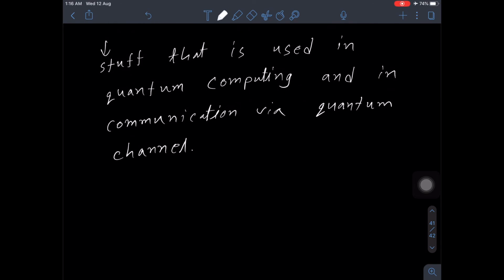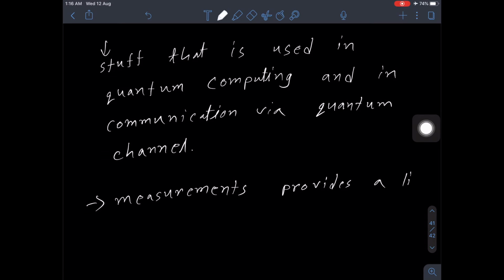But what happens is that measurements, by which I mean quantum measurements, provide a link back to classical information.